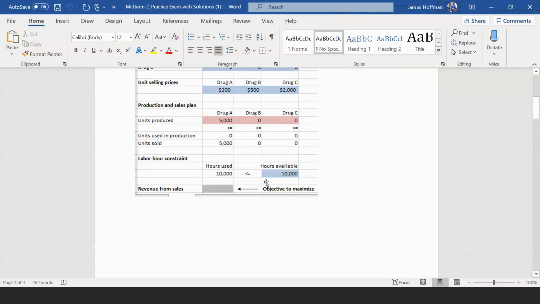Remember, if you use all of the resource, if you use all the constraint you're allowed on the right side, then it's binding. If you don't use it all, then it's non-binding. Now you can see here that we had 10,000 hours available. We used all 10,000, so therefore it's binding because we used everything we could, and so there's no slack. So there's no difference between the left side and the right side.